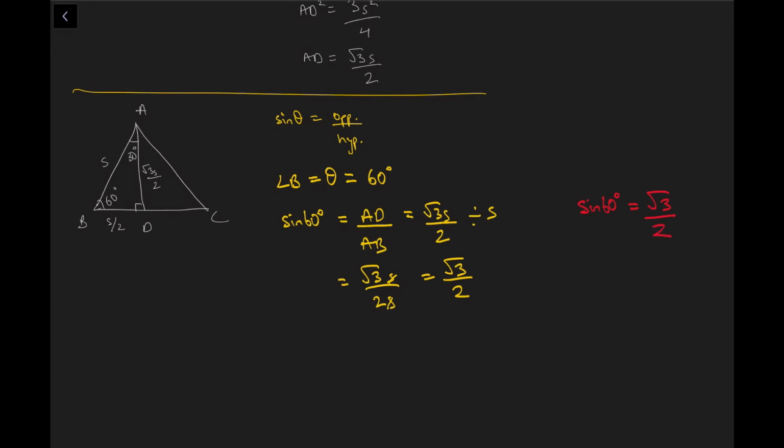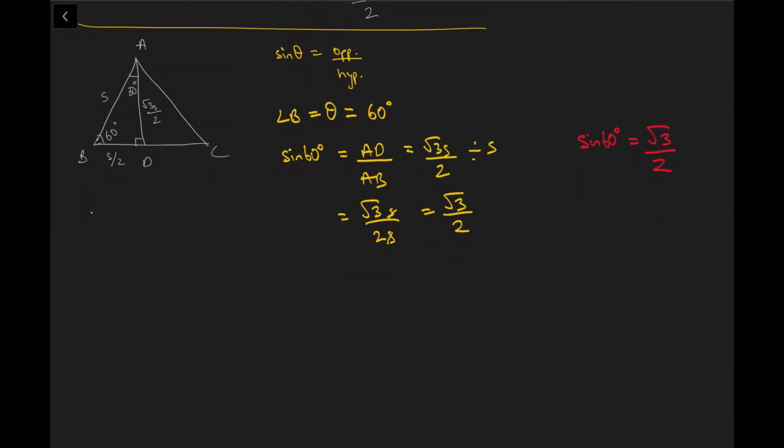Now similarly for the 30-degree angle, sine 30 is equal to opposite by hypotenuse.